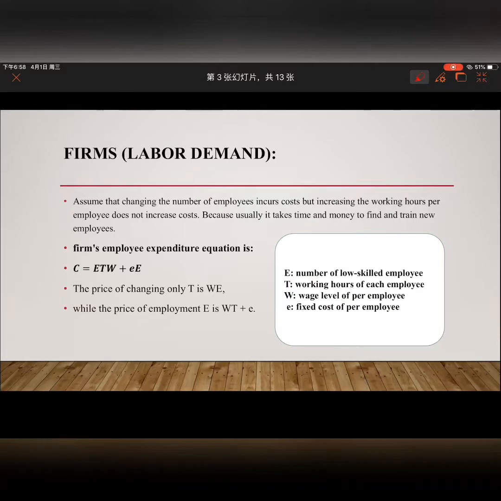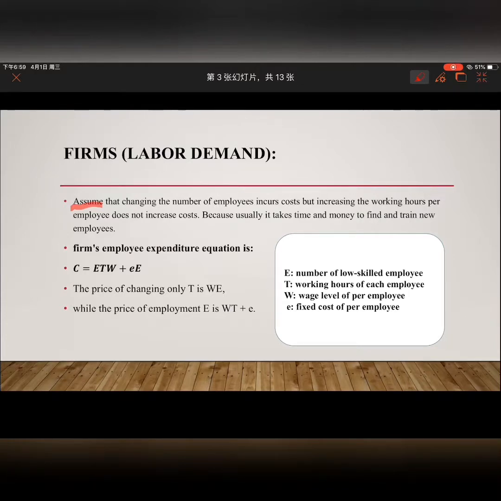First, from the firm's perspective, which is the labor demand side. With those assumptions, the firm's employee expenditure equation is equal to ETW plus EE.